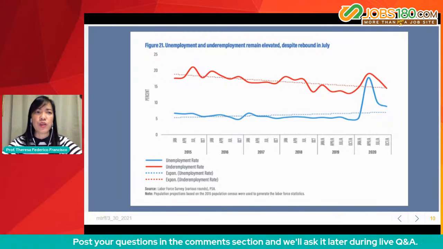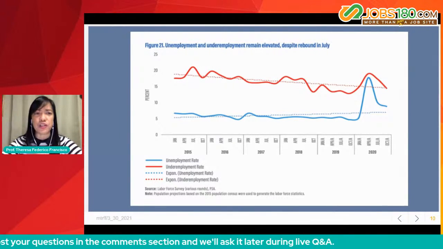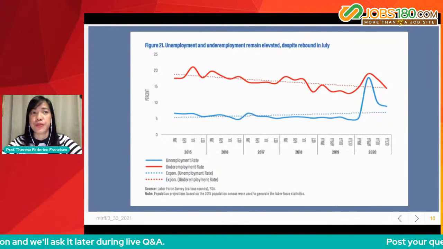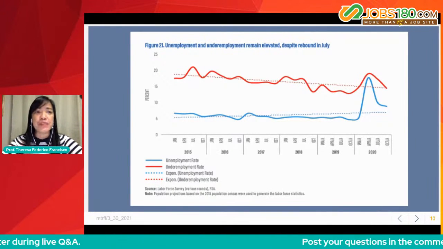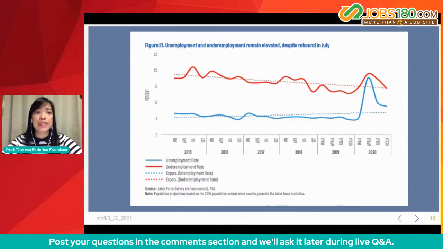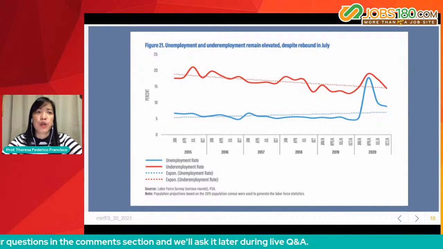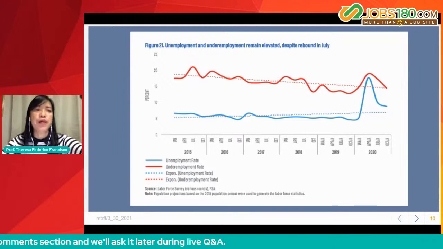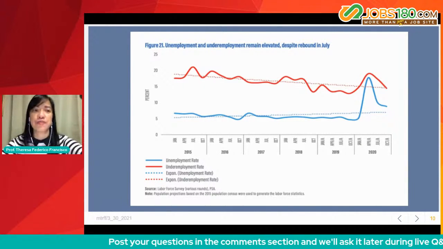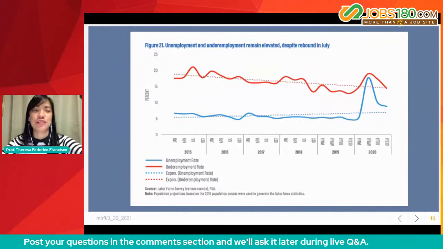Underemployment also declined gradually from its peak in April and continued its downward trend in July and October 2020. The labor force participation rate, or LFPR, rebounded to its pre-pandemic level in July 2020, but reversed to a lower level in October 2020. Job losses between October 2019 and 2020 were staggering at 2.7 million, mostly concentrated in the services and industry sectors.